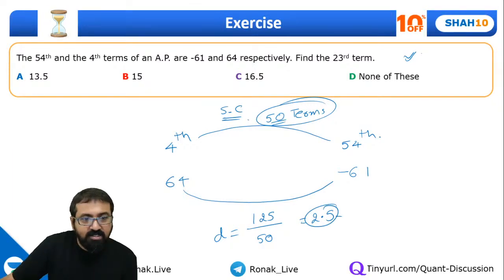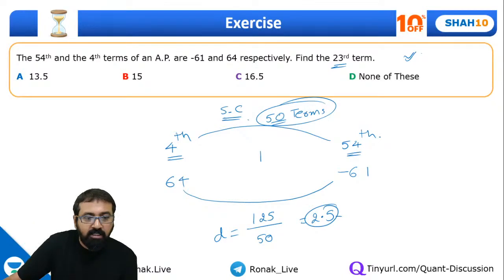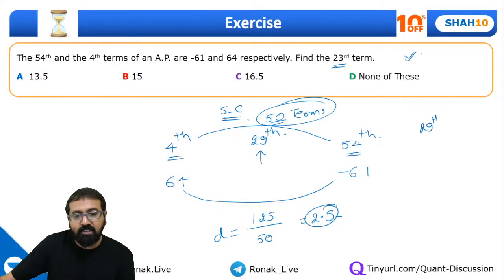Okay. Now guys, we need to find out the 23rd term. As I mentioned, the sum of the 4th and 54th term divided by 2 will give us the middle term. So what is the middle term? 4 plus 54 is 58, divided by 2, it's 29. So I'll get the 29th term, which will be equal to the 4th term plus the 54th term divided by 2.